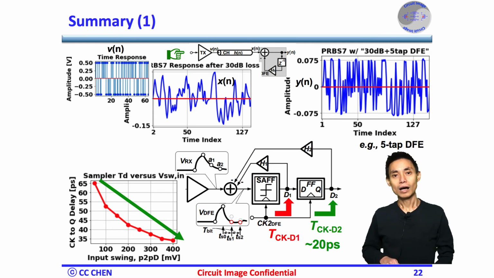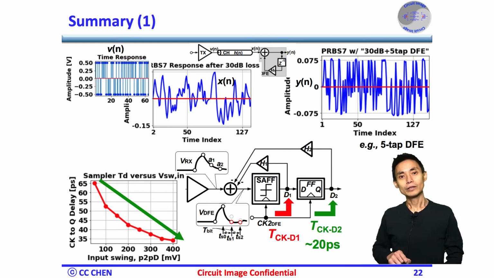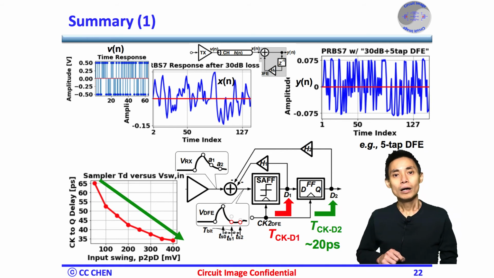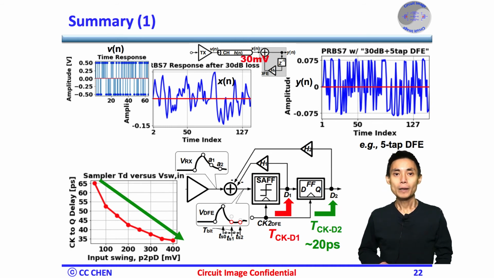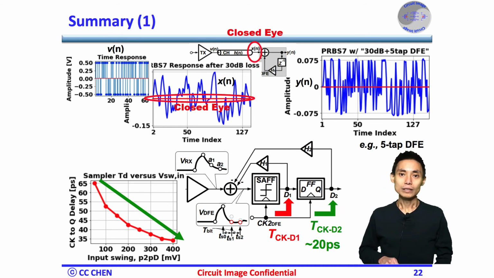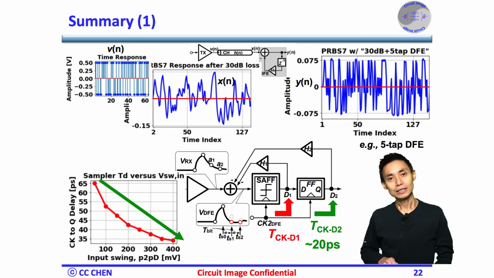Here is the system image from the TX to the channel and DFE output as a case study. The TX output swing is 1 volt peak-to-peak differential, but after a 30 dB channel, the high frequency swing around the Nyquist rate could be only 30 mV with ISI. So the input eye of the DFE, or the output eye of the channel, is closed in the time domain. After a DFE, indeed, the eye can be opened up to 30 mV for the 1010 or clock pattern.